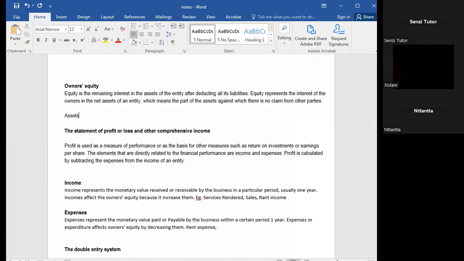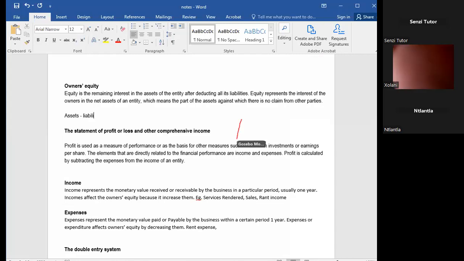Remember, assets are the things that cause the business to receive money. There is an inflow of money because of assets. We then minus liabilities, which are the debts of the business. Then we get the remaining one. It will be the interest, which is the remaining money that we have, which is owner's what? Equity.